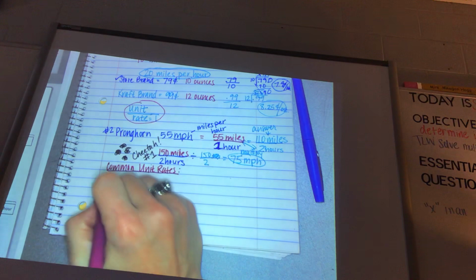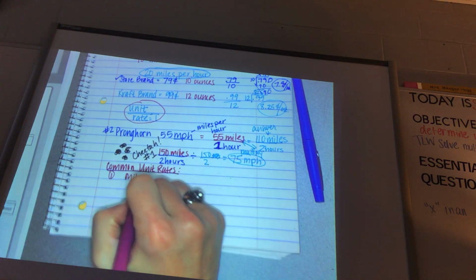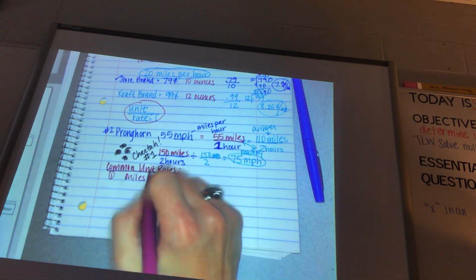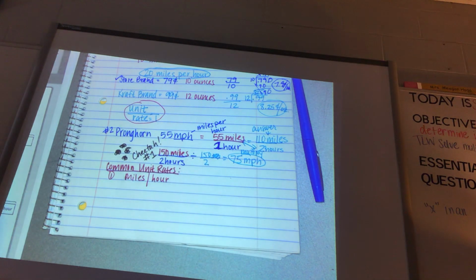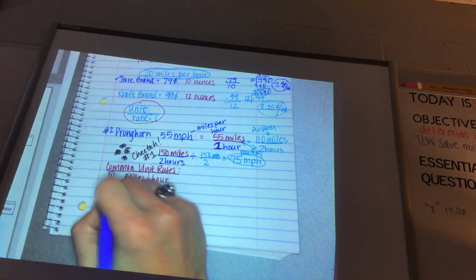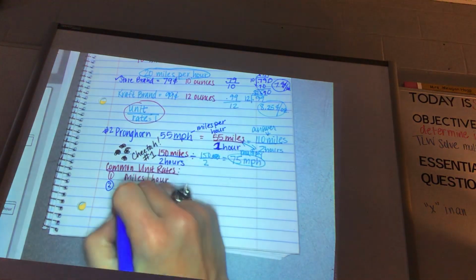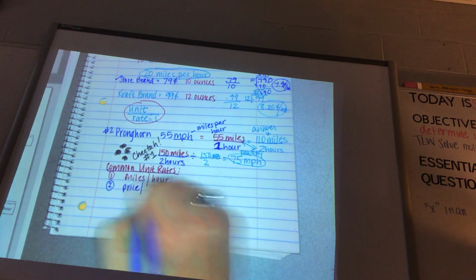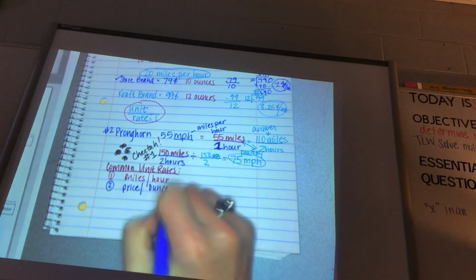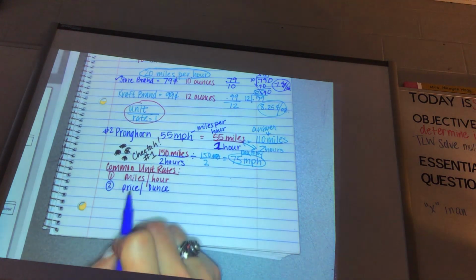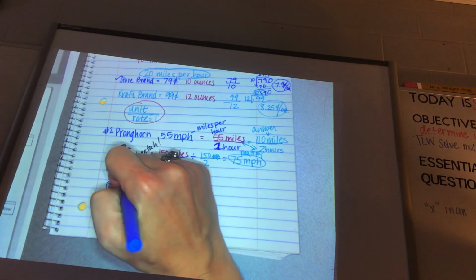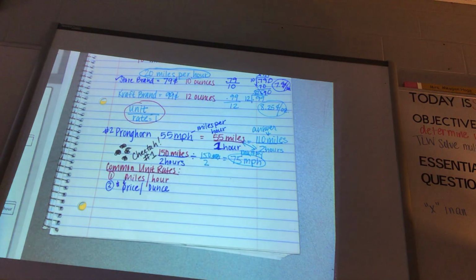When you see that line, it means per, miles per hour. What's another one you could think of? We already did price per ounce. And I put price because this could be in dollars, it could be in cents, okay? You might also see this as cost per item.